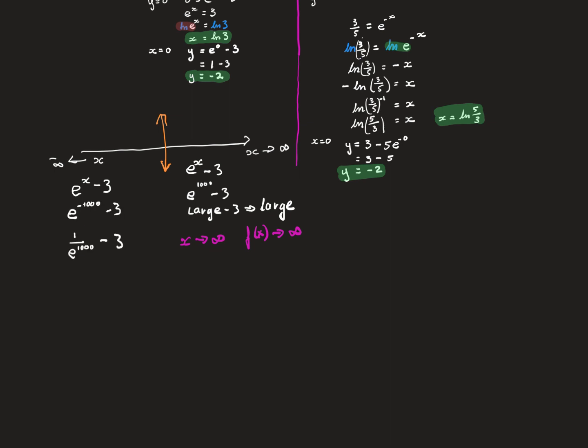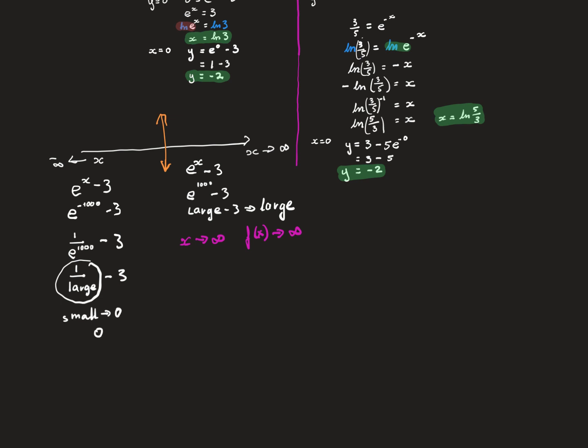Now, that e to the 1,000, we know that is extremely large, so 1 over an extremely large number, take away 3. This 1 over an extremely large number will make an extremely small number, a very small number like 0, which will tend to 0.